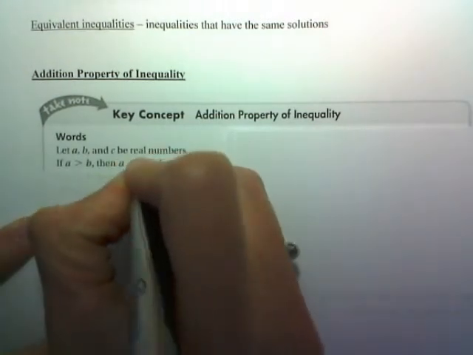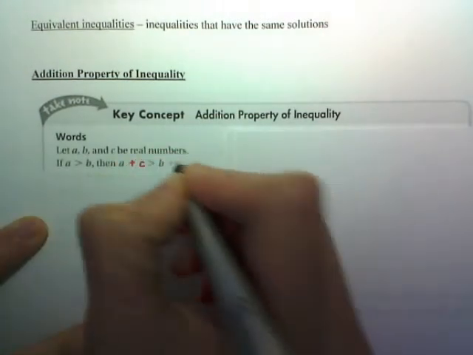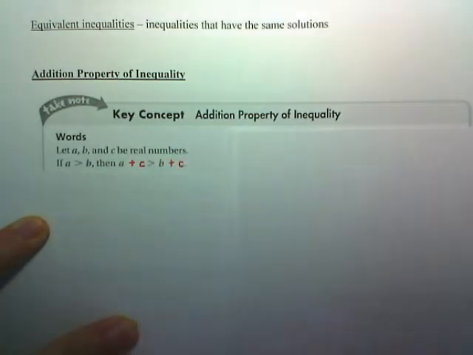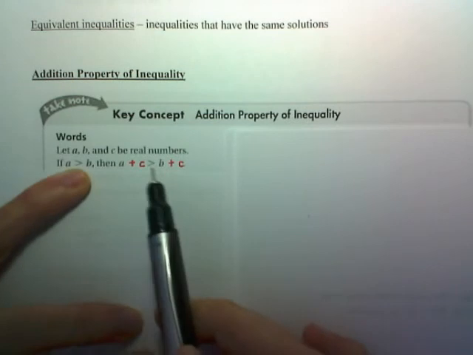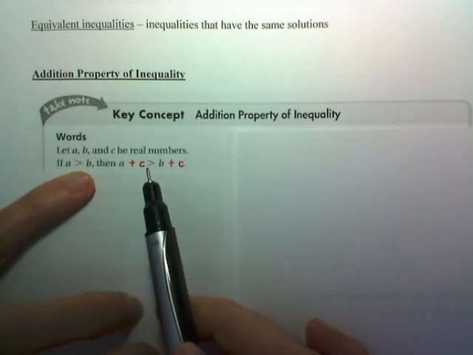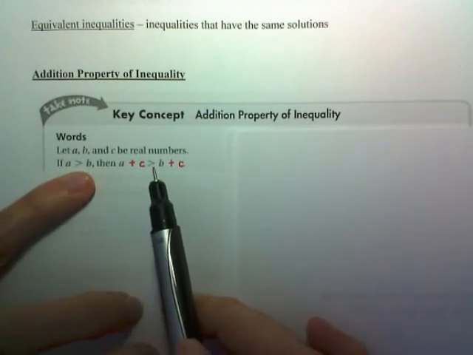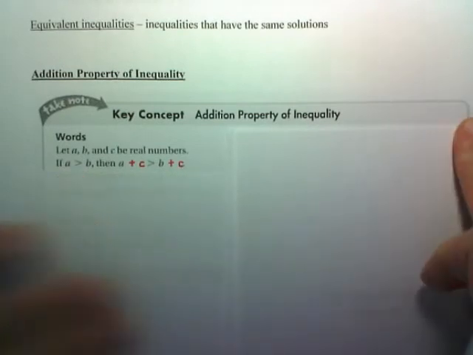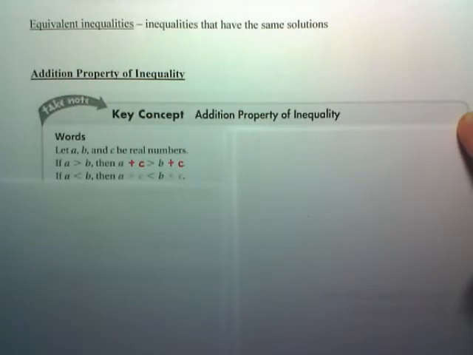Basically, what it's saying is that if I add C to this side and add C to this side, I'm still going to have the exact same inequality statement. A greater than B, still going to have greater than here, even though I add the same number to both sides. Same goes for if you have A less than B.